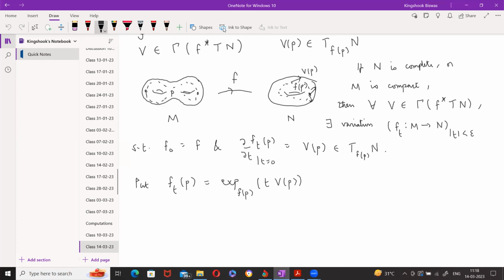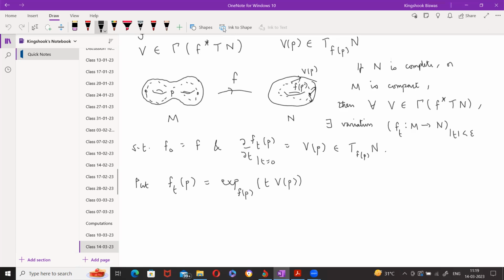Otherwise, if N is not complete, but if you assume that M is compact, then this vector field V is bounded. So if it's bounded, then by compactness, you can cover N by finitely many small neighborhoods such that on the image of each neighborhood, the exponential map is defined for a fixed time epsilon.